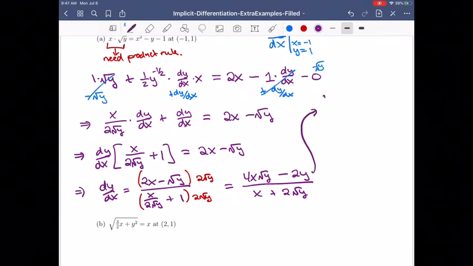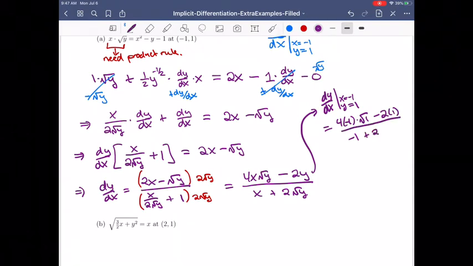So now I want dy dx at x equals -1, y equals 1. Okay, so I want to plug in those values. So this is going to be 4 times -1 times root of 1 minus 2 times 1, all over -1 plus 2 root of 1. So that's -4 minus 2 is -6, over -1 plus 2 is 1.